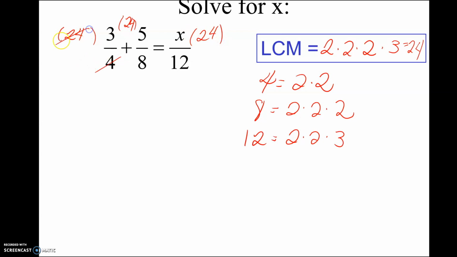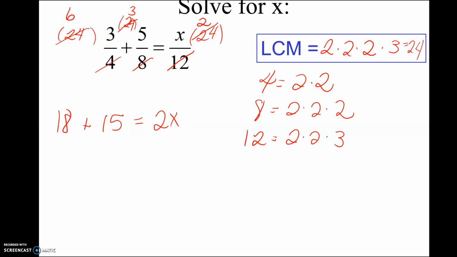So 4 goes into 24 6 times. 8 goes into 24 3 times. 12 goes into 24 twice. So now my denominators are canceled out or just 1. So 6 times 3 is 18. 3 times 5 is 15. 2x.